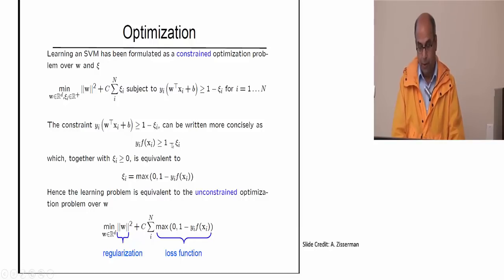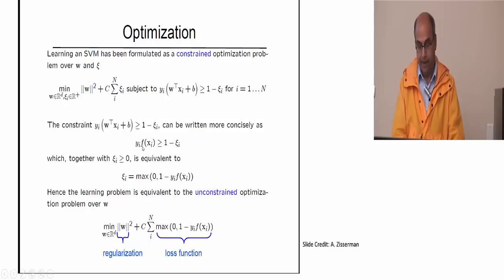Now this is equivalent to saying that eta i should be the maximum of 0 and 1 minus yi multiplied by f(xi). Because this one can be found from here.